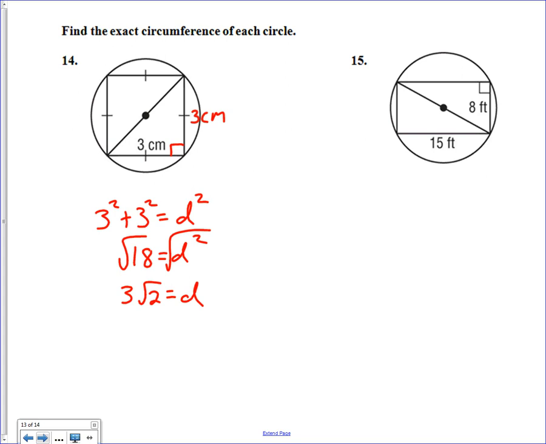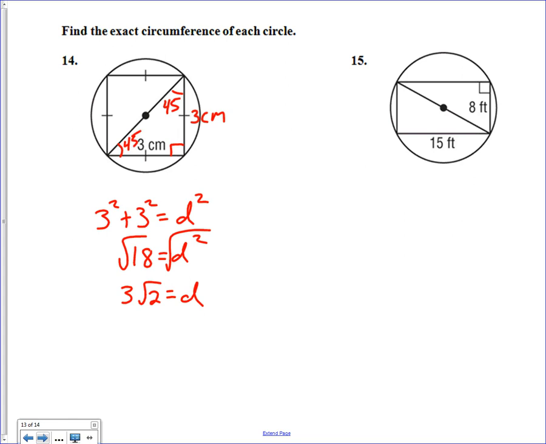Now, before I started working on that problem, after I said it was a right triangle, if you looked at it and said, hey, wait a minute, we don't need to do all of that work, Mr. Poppy, because if that's a right triangle and it's isosceles, then these two angles must be congruent. That means that this is a 45, 45, 90.